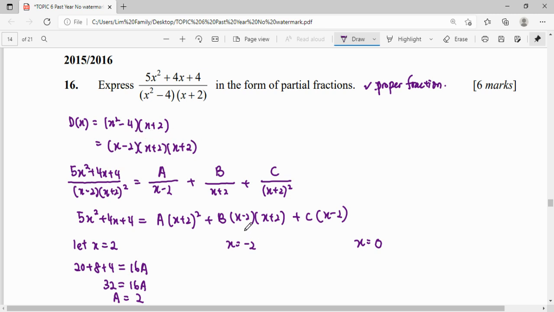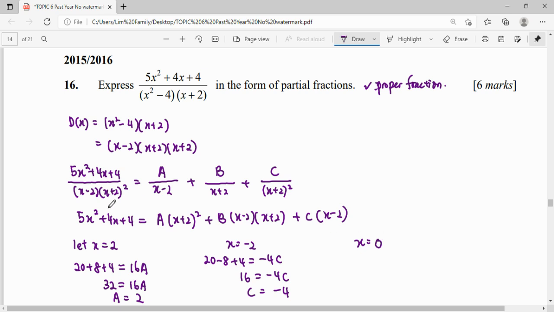Now we repeat for x equals -2, substituting into the equation. When we substitute -2, the terms become 0, and we get -2 times -4 times C. Therefore, we find that C is -4. Lastly, when we don't have any roots left to select, we use a random number that makes the calculation easier.